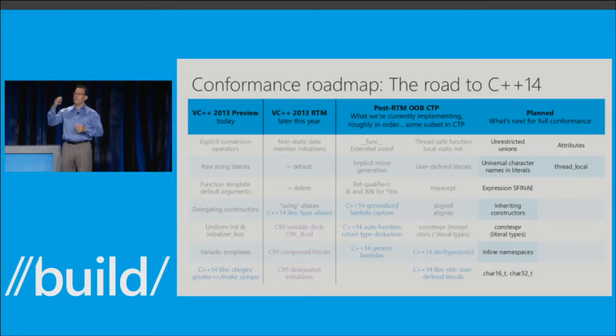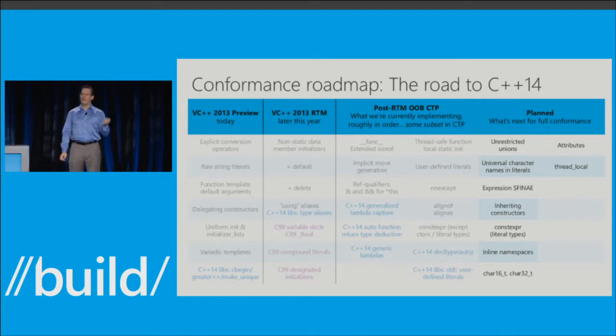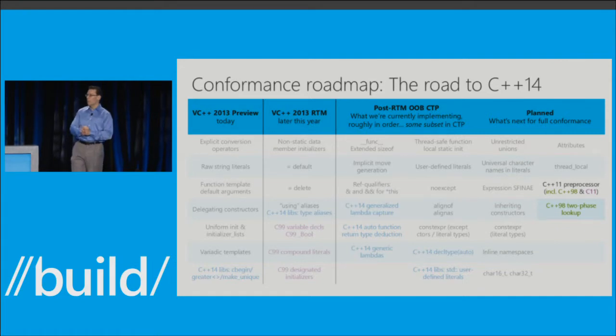The reason that implementing all of the new C++11 features isn't really full conformance to C++11 is because our compiler was only ever mostly conforming to C++98. It was largely conforming. The cases where it wasn't were largely things that you would not notice most of the time. But there were two in particular we need to go back and fix for full conformance to C++11, and that is the preprocessor and also two-phase lookup in templates.